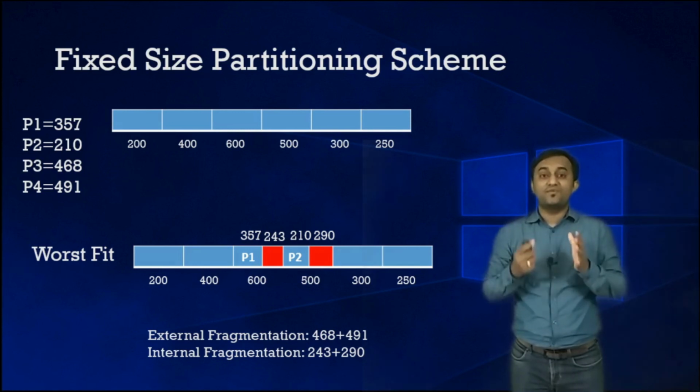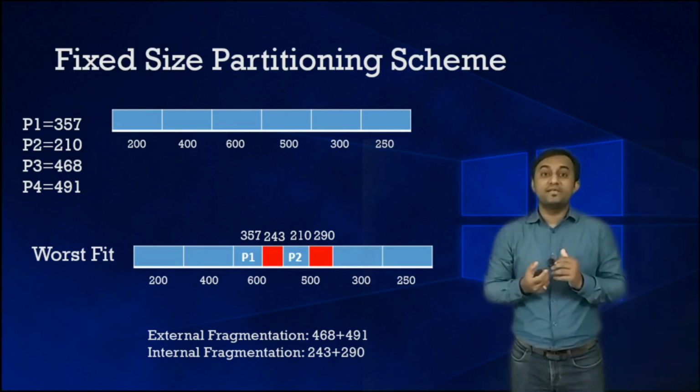Worst fit performs worst in the case of fixed size partitioning scheme because we are considering the largest capable enough block to accommodate the request. So there is a big loss in terms of memory. That is the reason why the worst fit algorithm performs worst in the case of fixed size partitioning scheme, and worst fit algorithm performs best in the case of variable size partitioning scheme.